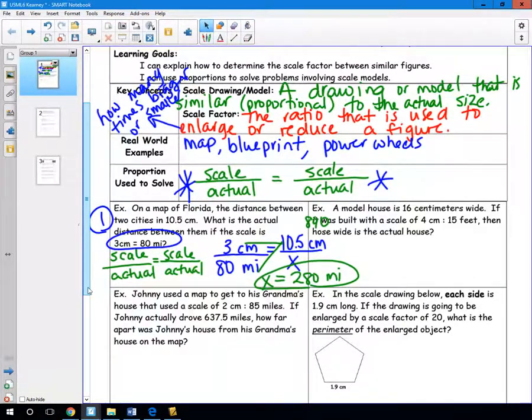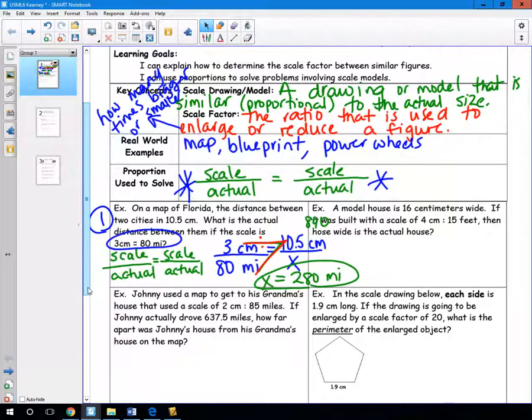So just to recap, I multiplied two numbers that were diagonal from each other, like we talked about yesterday, and we're going to divide by the number that's straight across that's left out. So 80 times 10.5, I got 840. 840 divided by 3 is 280.